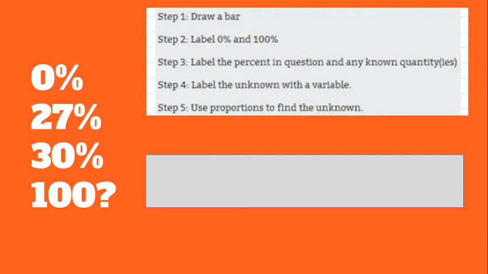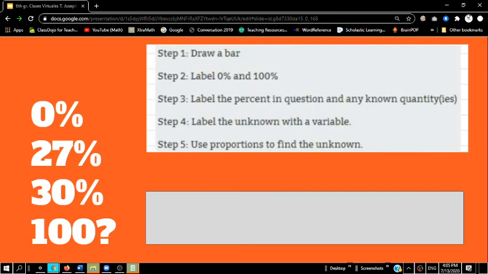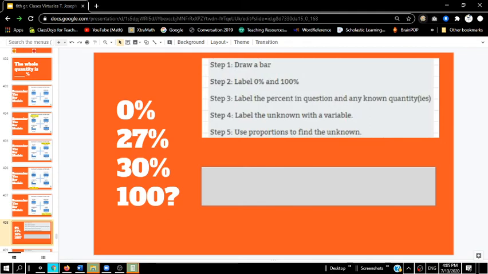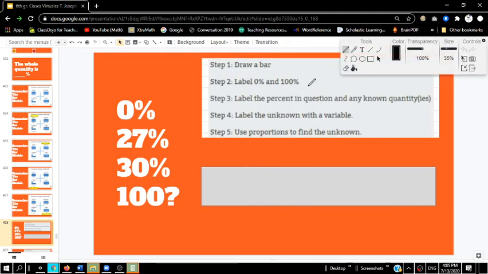So let's do this problem together. This is not inside of your book. This is just a problem that I'd like to put for you guys so you understand this concept a little bit better, okay? If we take a look, we are going to draw the bar, which is right here. We just did that. And then we're going to label it 0% and 100%. Well, I know that 0% is nothing, right?